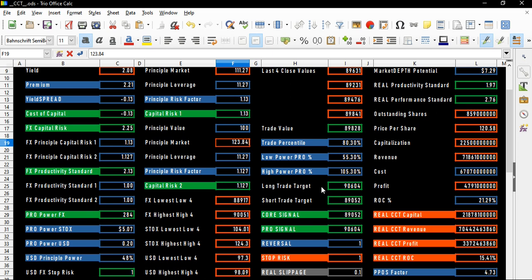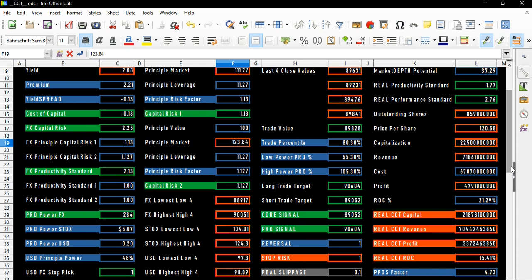Those signals, the core signal and the pro signal, are measuring whether the core value is a buy or sell condition, and telling you that the core signal indicates a short to 89.052. All right? It's saying that the pro signal indicates a buy at 90.64.